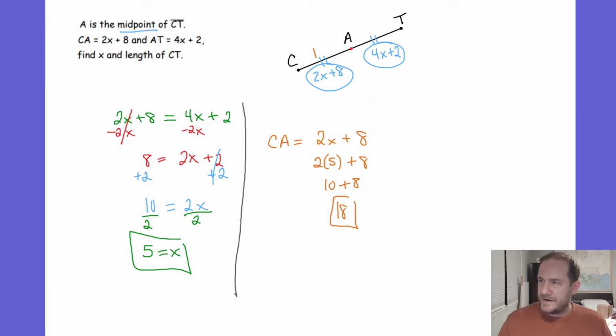But again, that 18 is only CA. What do you think AT is going to be? Well, it's going to be the same, because remember, A was a midpoint. So if CA is 18, then TA is also 18. Now, it's a good idea to maybe double check. You could grab your 4x plus 2 and plug the 5 in for the x. I messed something up.